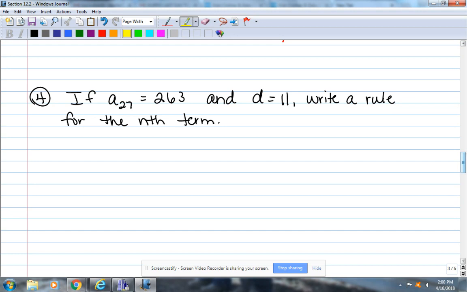Usually they've been giving us the start of a sequence. They didn't give me that, so I don't know the first term. But I have to write a rule for it. But before I find a rule, I have to first find the first term, right? Because you have to have a sub 1 to use the formula to get your rule. But I do know that the 27th term is 263, and I also know that my d is 11. So I'm going to use that same formula. A sub n equals a sub 1 plus n minus 1 times d.